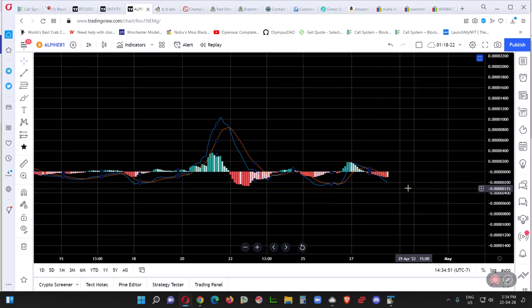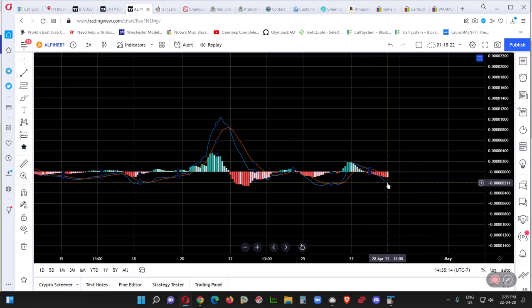So I can see right now that the red oscillators are starting to wane, meaning they're going to get shorter here, and this is going to dip a little bit more, probably down to here somewhere, and then it's going to cross over. The blue line is going to cross back over the orange line.